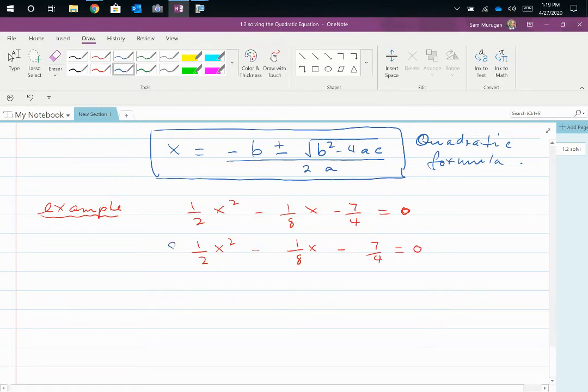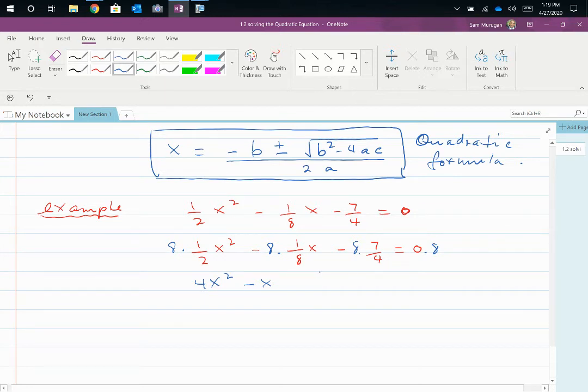Right? So 8, 8, 8, 8. So half of 8 is 4x squared. 8 into 8 is 1. So this is negative x.